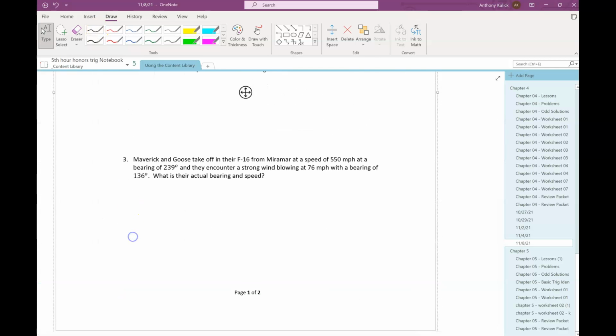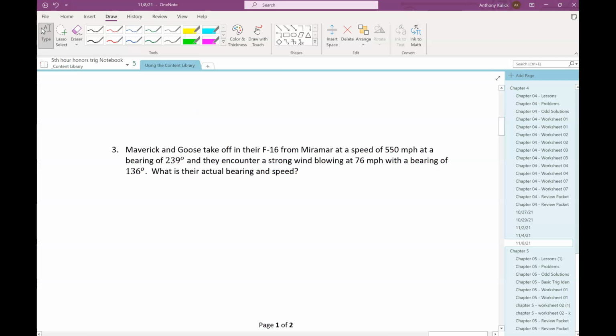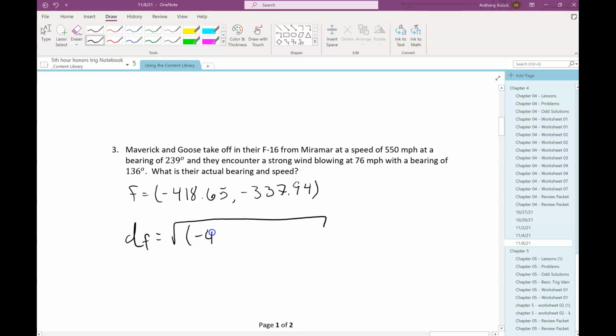And you already did the work to get the final position? Can you tell me what the final position is? It's negative 418.65 and negative 337.9. Great. Okay. So the distance is just going to be like the Pythagorean Theorem.